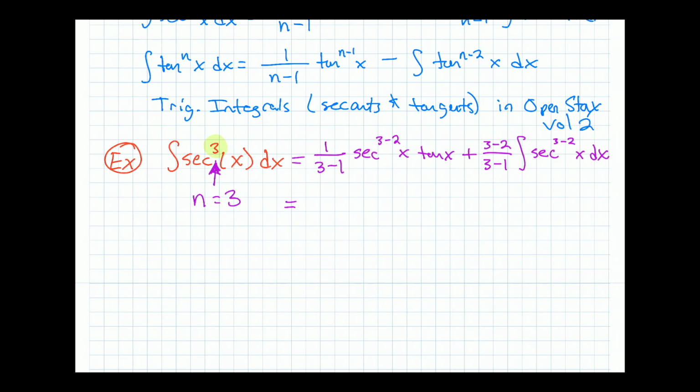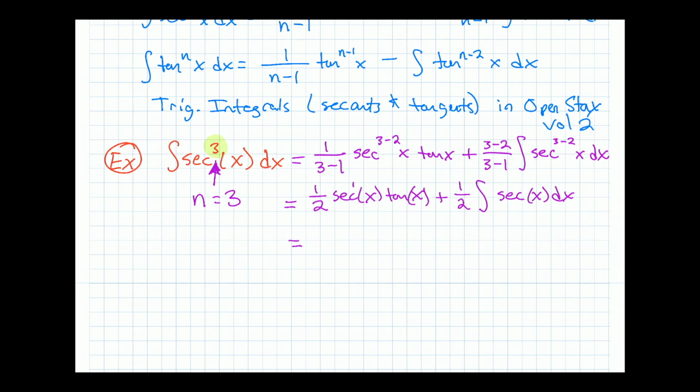So 1 over 3 minus 1 is 1/2. And then secant 3 minus 2 is just secant to the 1 x tangent x. And then you have 3 minus 2, which is 1, over 3 minus 1, which is 2. And then integral secant to the 1 x dx.